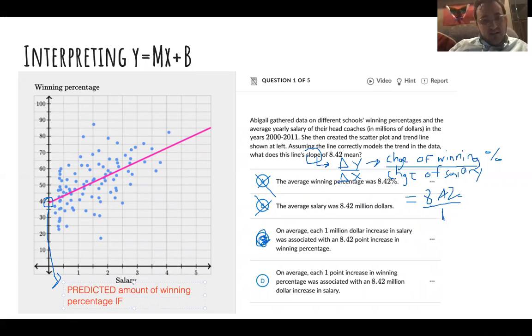If the salary is 0. So we could actually use this and even think about what would be the winning percentage if we paid a college coach $5 million. And we could see that winning percentage, that red line would be a little bit over 80 in winning percentage.